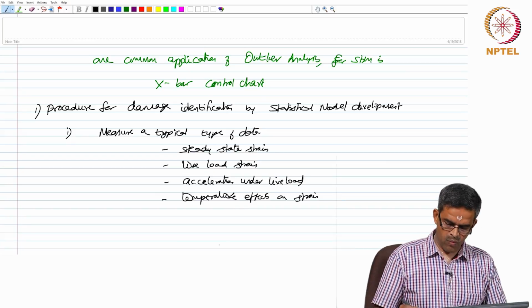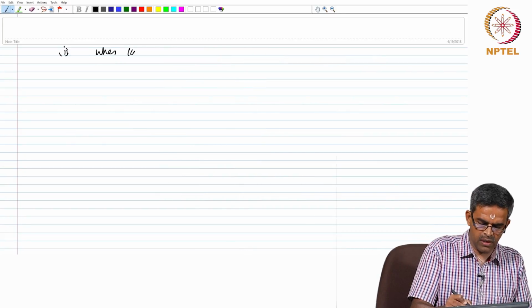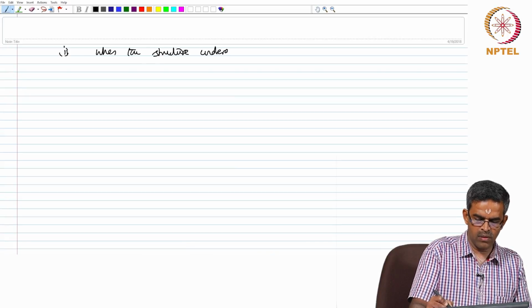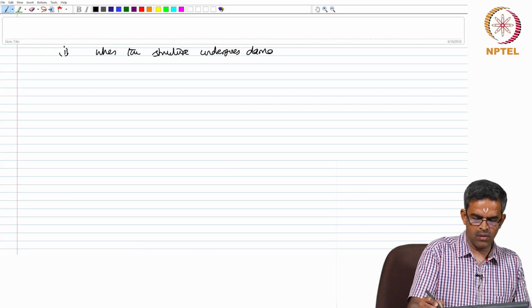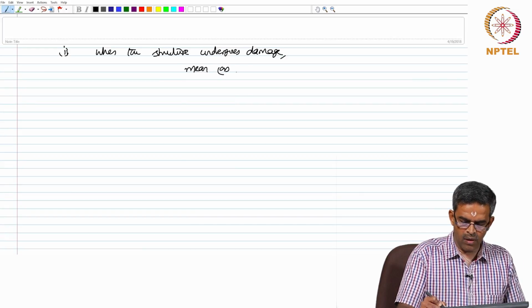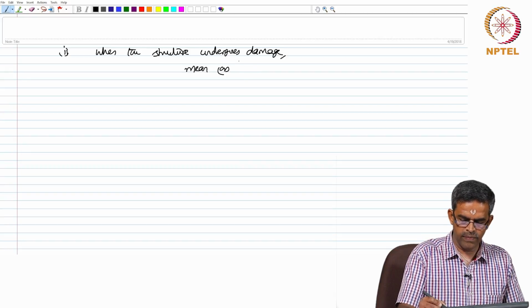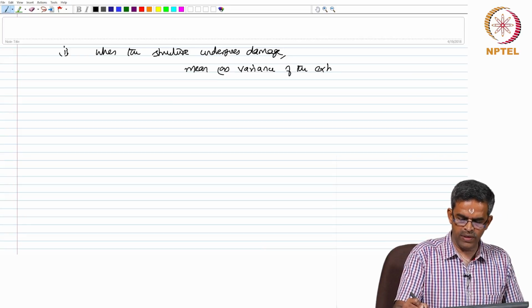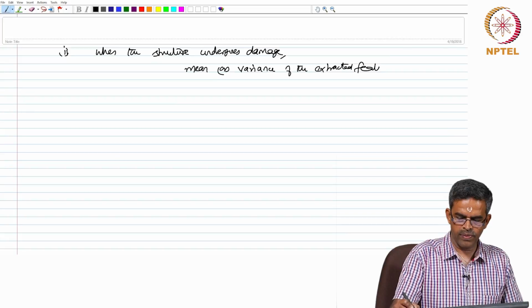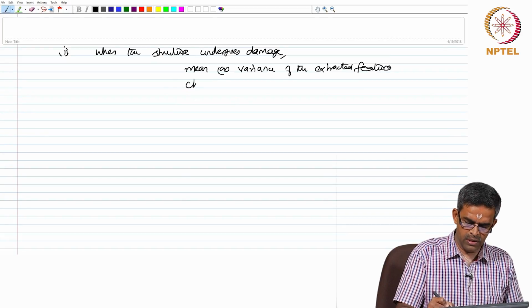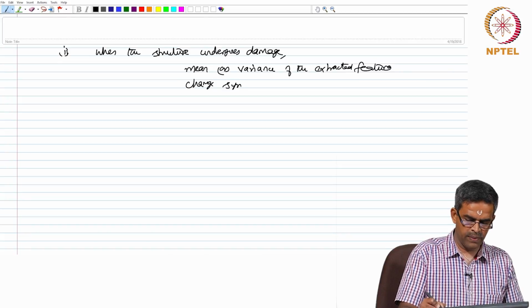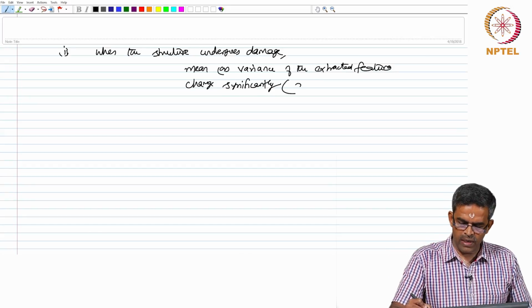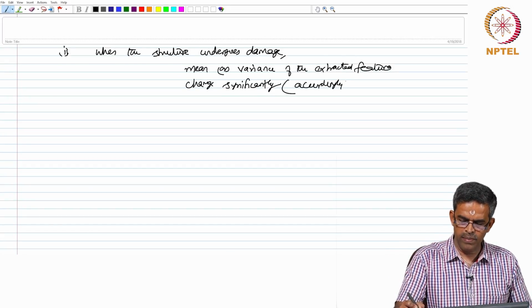Once they are measured, when the structure undergoes damage, the mean or variance of the extracted features change significantly. In fact, they change accordingly.